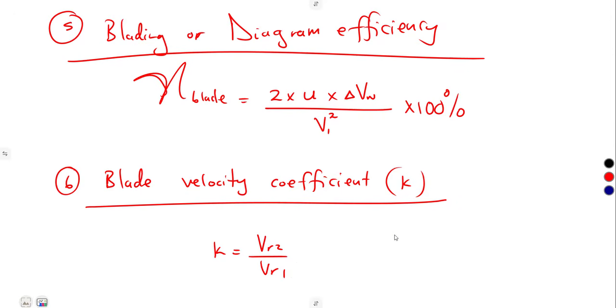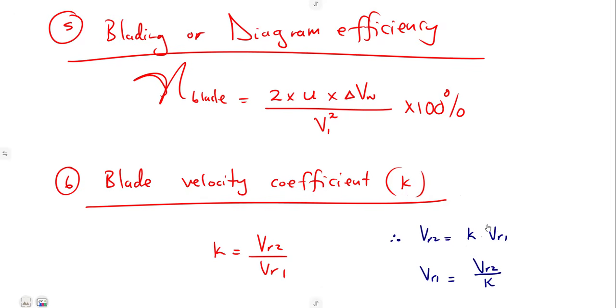So VR2 is equal to K times VR1. If you want to calculate VR1, it is just VR2 over K. So you can calculate one from another. If you're given VR1 and the blade velocity coefficient, you can calculate VR2 from there.